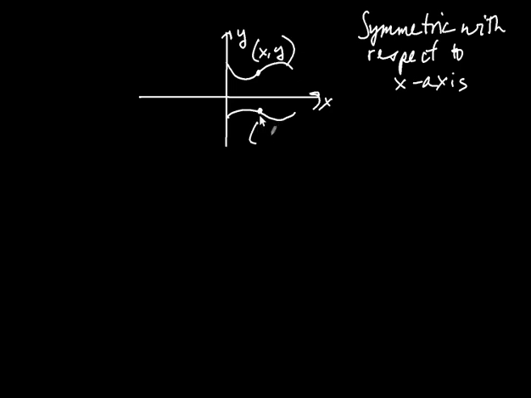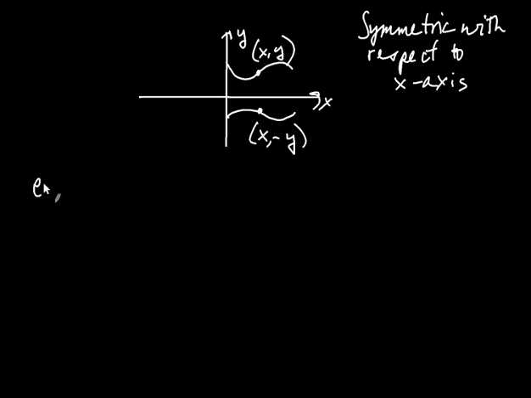Well, that is the mirror image of this point. Well, what stayed the same? Clearly, the x-coordinate has stayed the same, but instead of positive y, it's going to be negative y. So what we're going to do to test for x-axis symmetry is keep the x the same, and replace y with negative y.